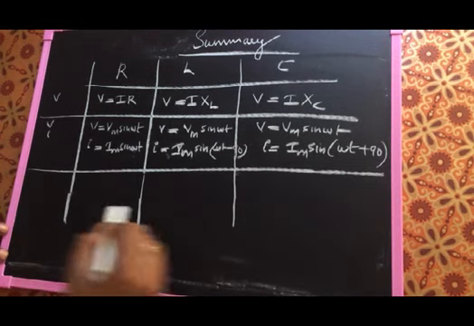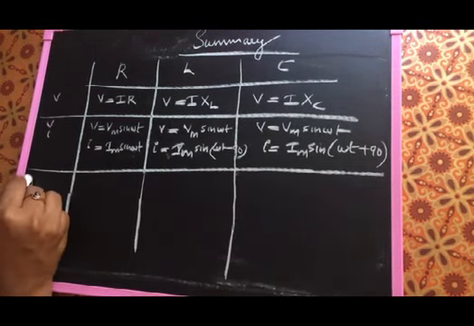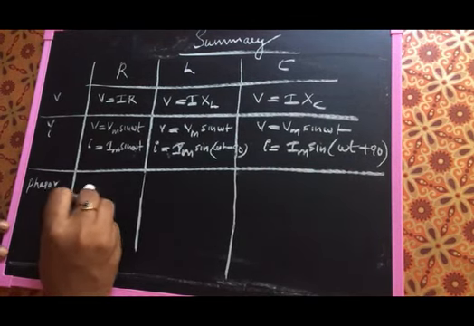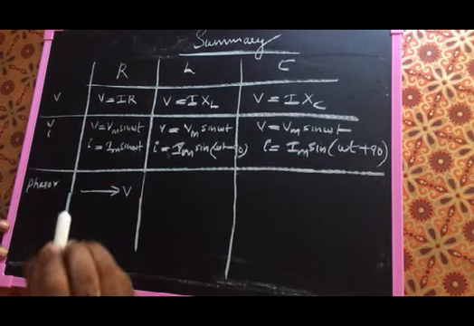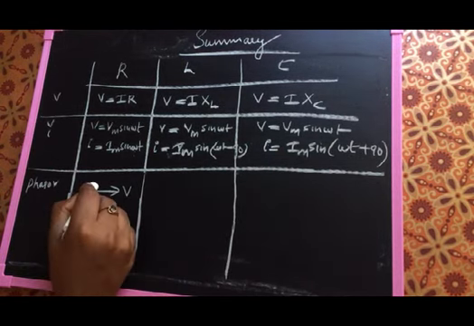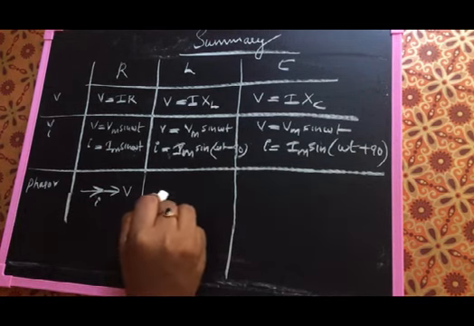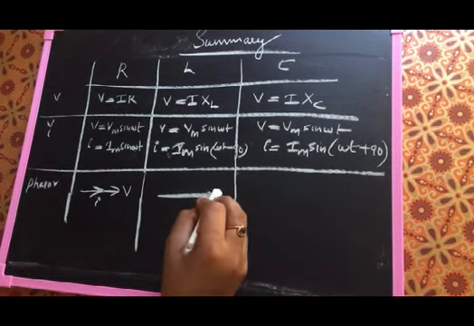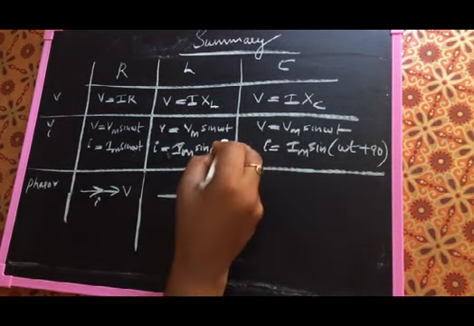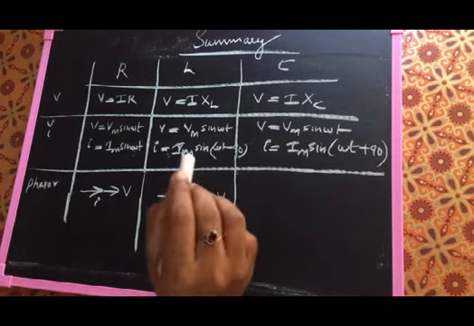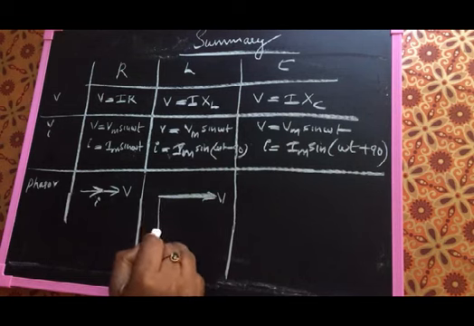Okay, so next we are going to draw the phasor diagram. How do you draw the phasor diagram? In a purely resistive circuit, the current and voltage are in phase. Second, say this is the reference voltage. In an inductive circuit, the current lags voltage, that is minus 90 degrees.